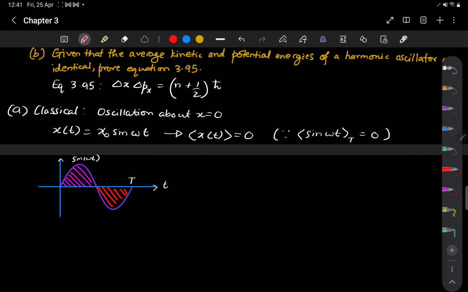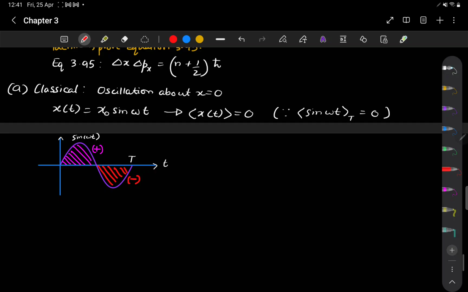The area above the time axis is positive and below it is negative, so the positive values are exactly the same as the negative values, and these two cancel out.